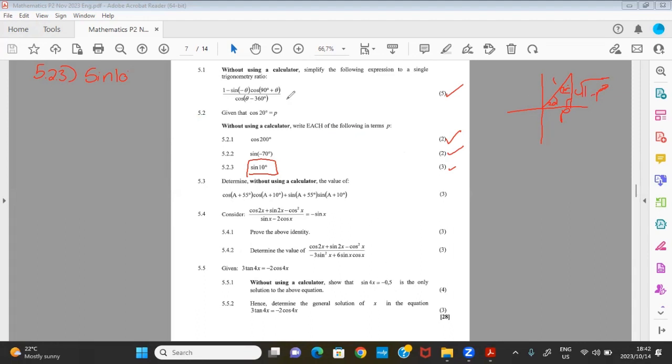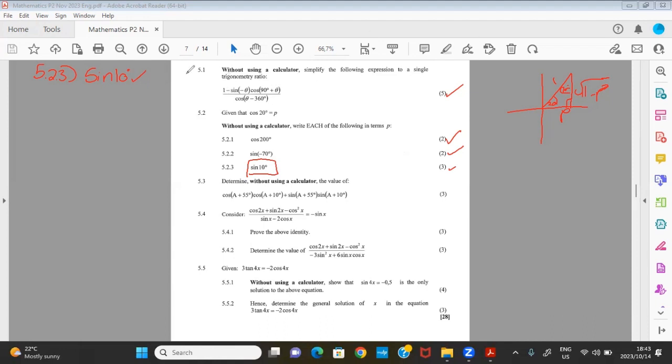So for this one, we have sine of 10. But when you look at our triangle, we have 20. So basically, 20 is the double of 10, right?